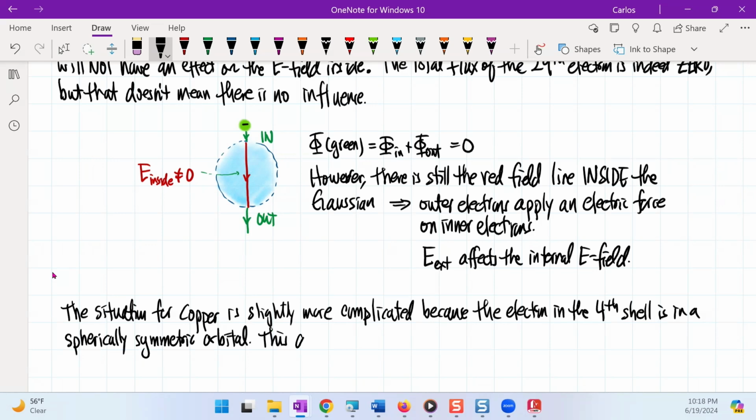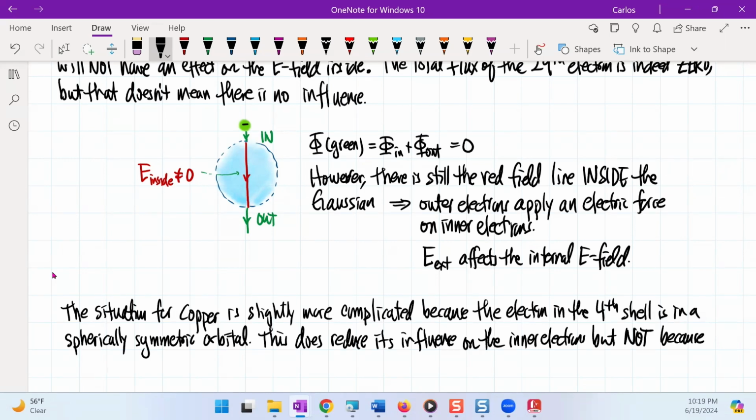This does reduce its influence on the inner electrons, but not because of Gauss's law.